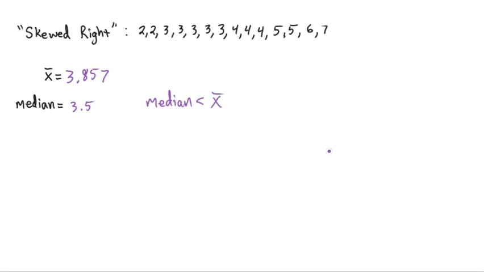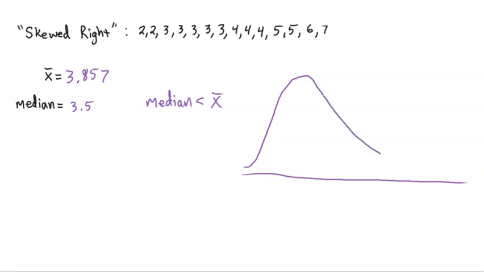And so what we'll have here is, let me draw sort of another diagram of it. This time, the steep part and the peak are over here to the left, and the slopey skew points over to the right. So this is skewed right, okay?